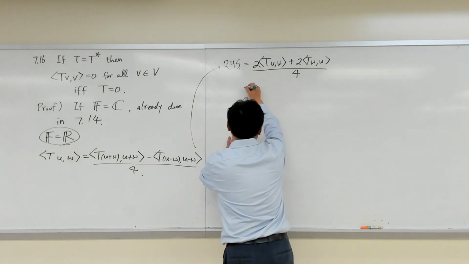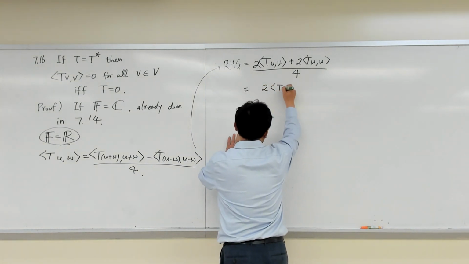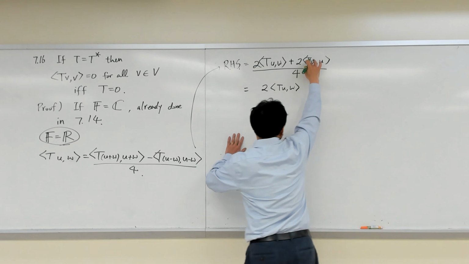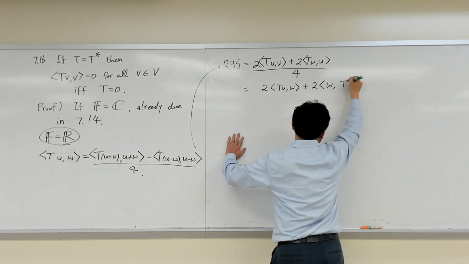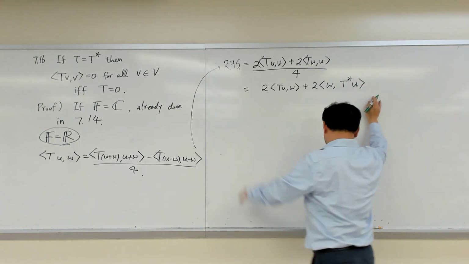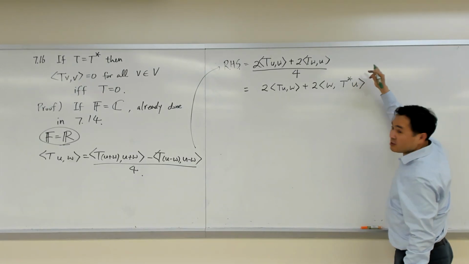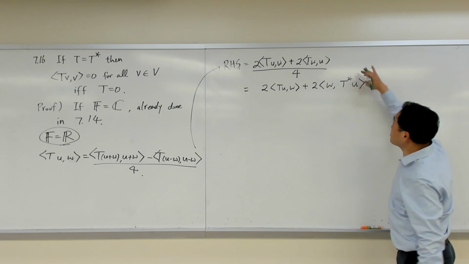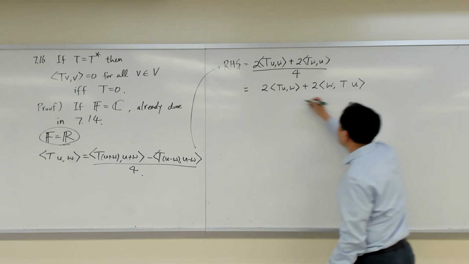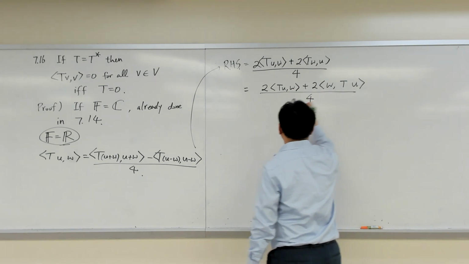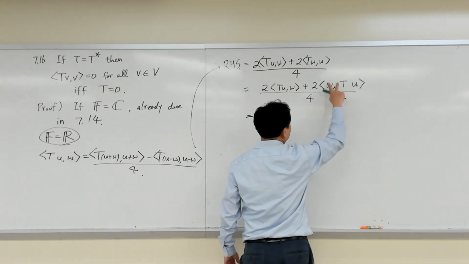Now what we want to do is move this T to the other side as T star, but T star and T are the same because of our assumption. It's self-adjoint, right? So we have this over 4. And now we swap these two.